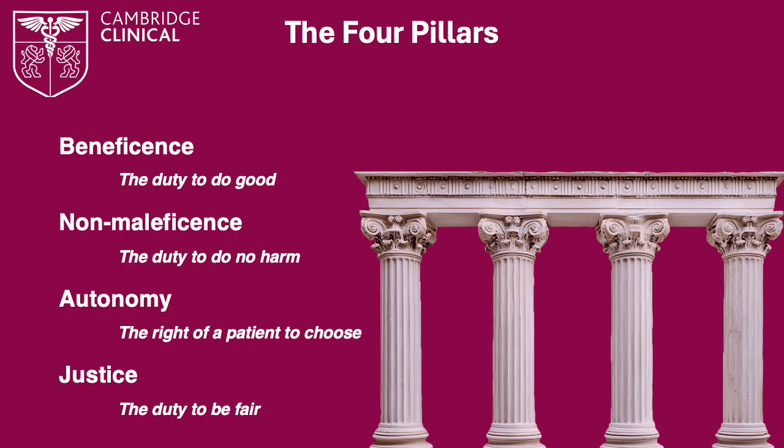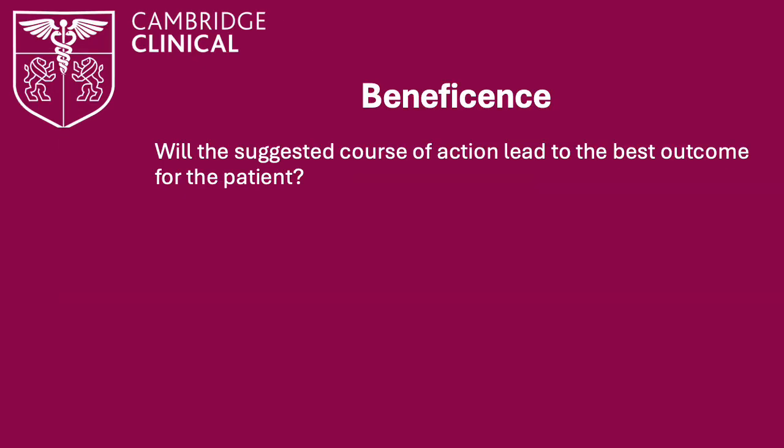So in the UCAT, you'll be given a scenario and a list of possible responses to it. The question then is, how can we assess whether or not these responses are in line with our 4 pillars and to what extent? To check whether a statement fits in with the principle of beneficence, here are some questions you might ask yourself. First of all, will the suggested course of action lead to the best outcome for the patient?